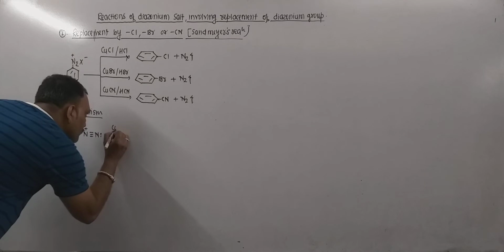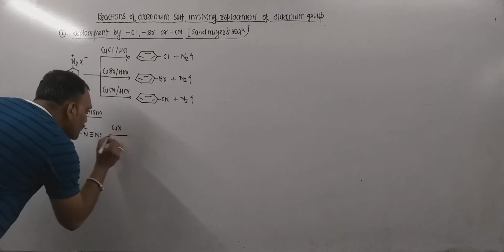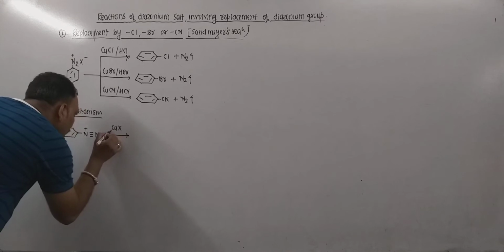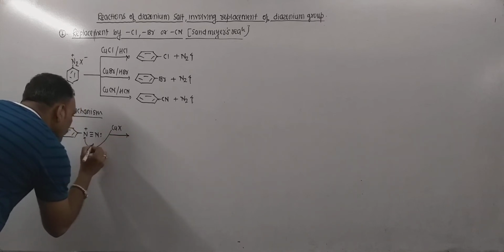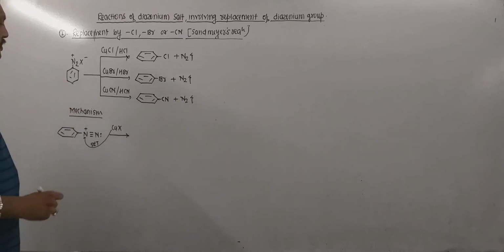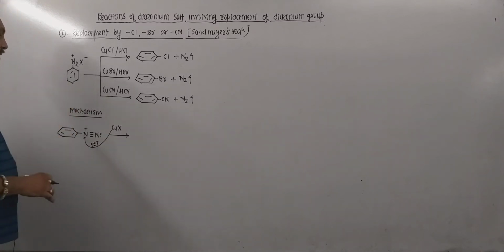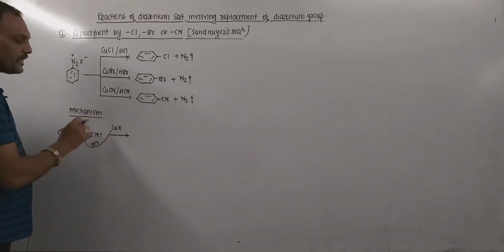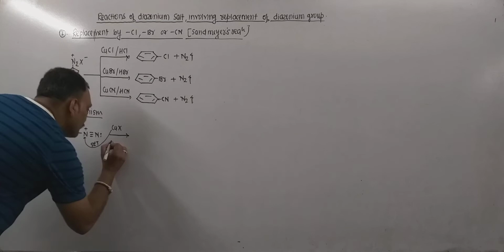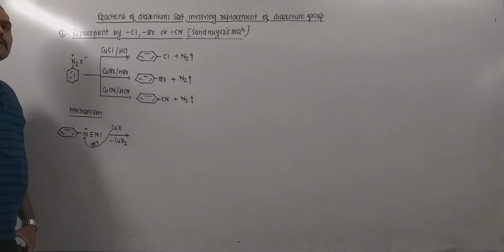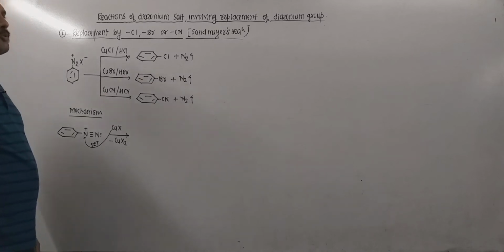So our salt, whatever we are using here, transfers a single electron to this nitrogen. Remember, this is a single electron transfer step, and by transferring a single electron, copper gets converted into +2. Right now it is in +1, so that leads to the formation of CuX2. So this is the salt of copper in +2 state.